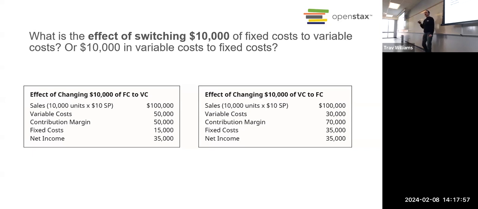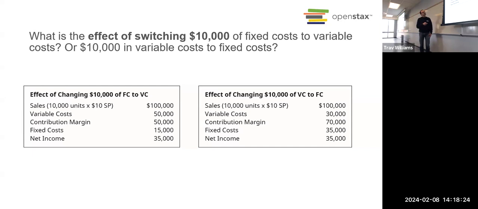But it actually will if the company's sales volume changes. If their sales increase, the company with the higher fixed costs is going to benefit more. And if sales decrease, the company with the higher fixed costs is going to get hurt more. So it's risky. If you can cover those fixed costs, it's going to be more rewarding.